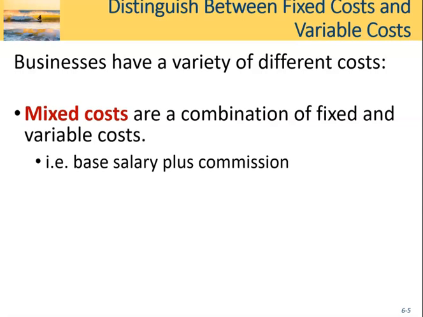Another mixed cost, if some of you are familiar with paying power bills for Nova Scotia Power: if you look on your bill, there's a set or base amount that everybody has to pay. And then depending on how much power you used throughout the month or the 2 months, that's an added portion to your bill. So that would be a mixed cost.